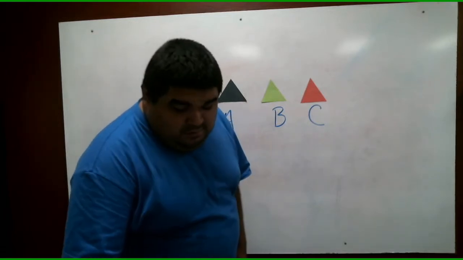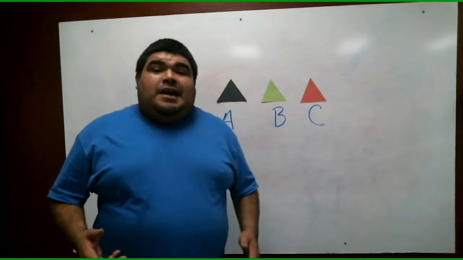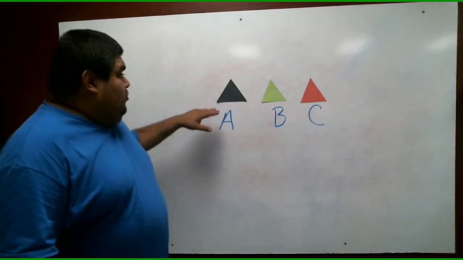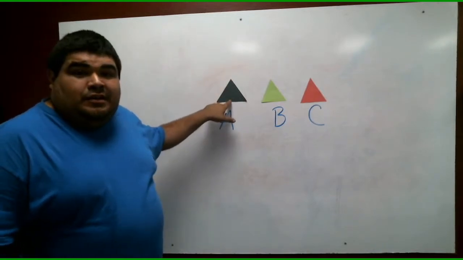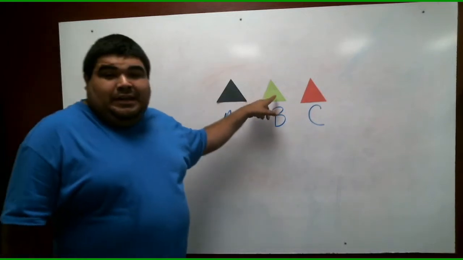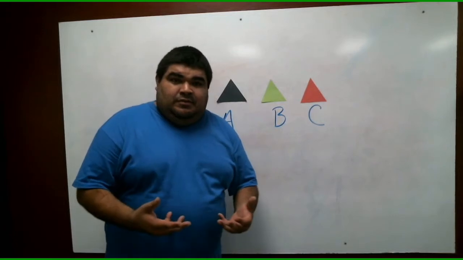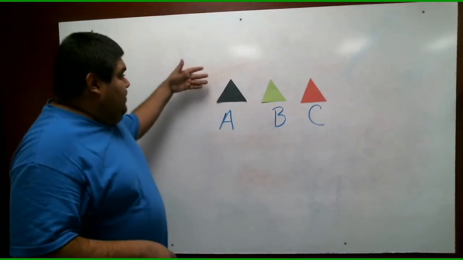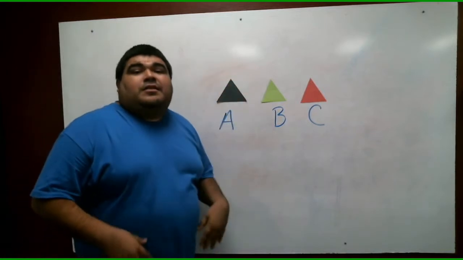Meaning that triangle A equals 180 degrees. Triangle B equals 180 degrees. Meaning side matches side. Also degrees.